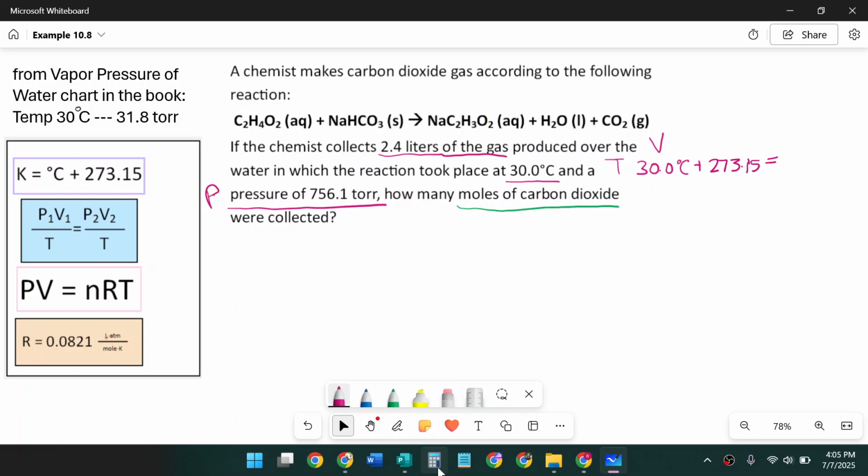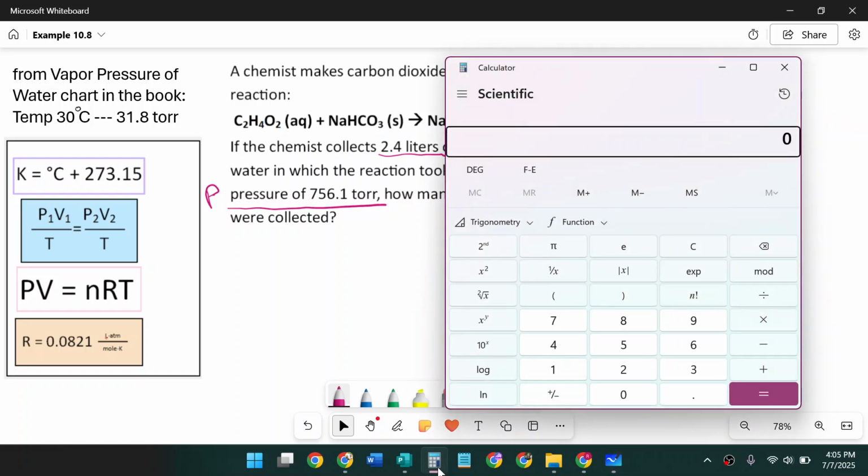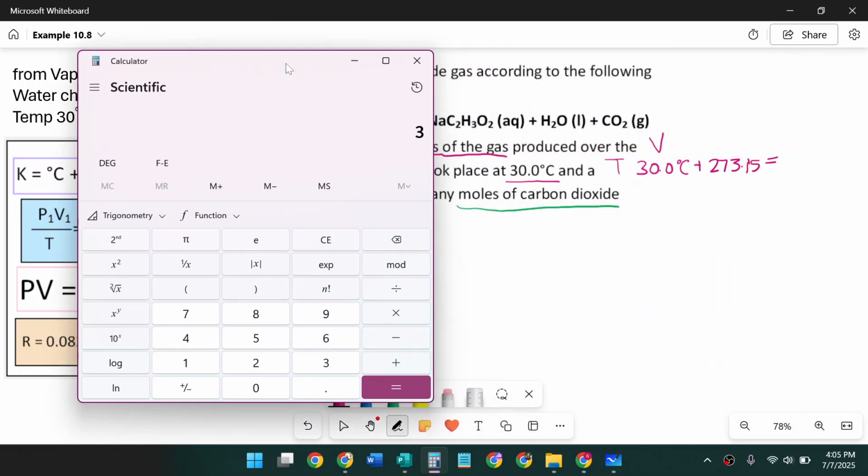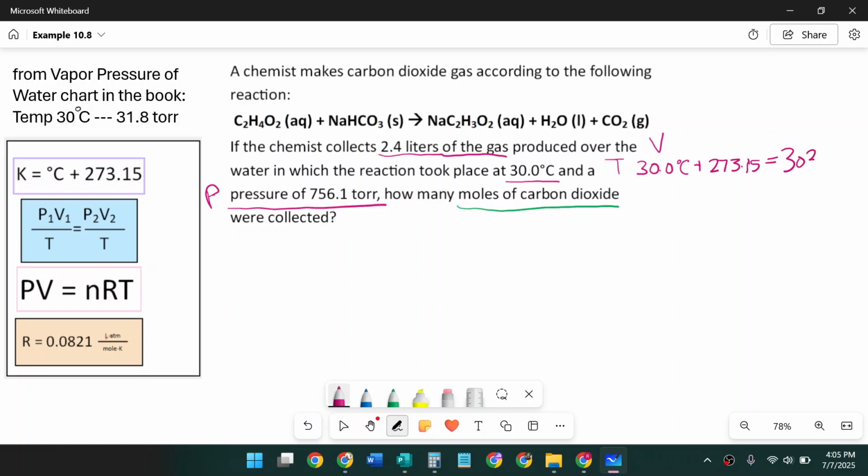Because I work with both significant figures and with adding, we could just add this in our head, but I think it's easier to make sure that you don't make a silly mistake and forget about the significant digits if you type it in. So 303.2, because our 30 degrees Celsius has its last digit in the tenths place. So 303.2, and that's in Kelvin. So there's our temperature. The volume's in liters already, so that one's fine.